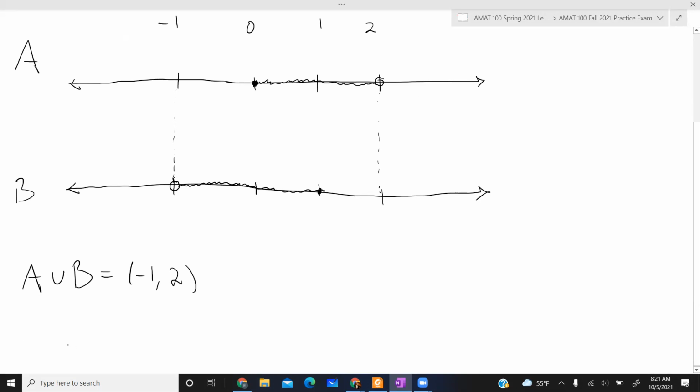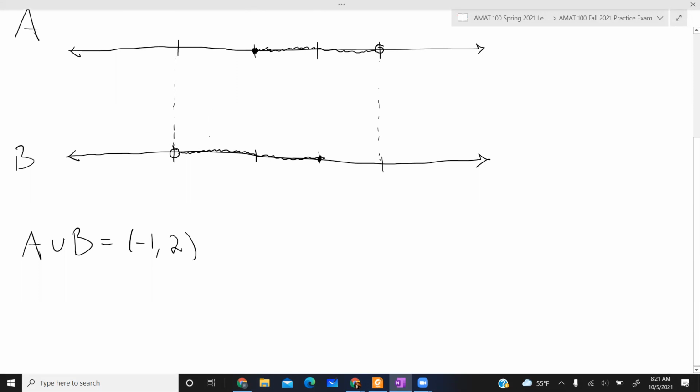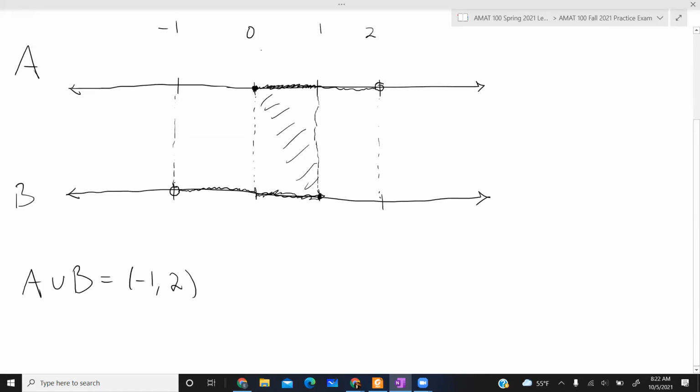But now let's find the intersection. The intersection is a little bit trickier, but it's not too bad. We look at all these endpoints and we project down like this. We take the left endpoint of A, and then we take the right endpoint of B, and it's going to be this part right here. This is the overlap of these 2 sets. And so the interval is just from 0 to 1.